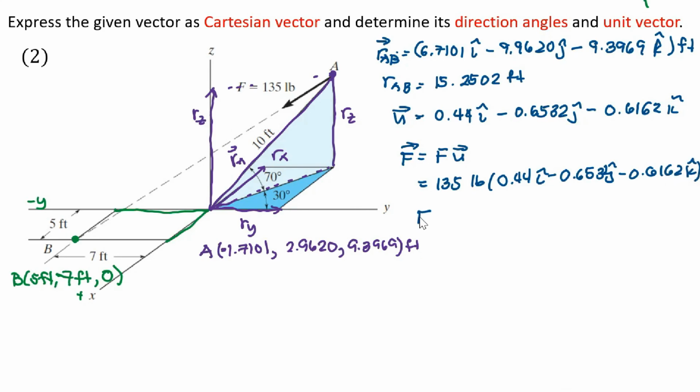The final answer for our force, we will have 2 decimals only here, so that will be 135 pounds times 0.44, which is 59.40 i hat, minus 135 times 0.6532 j hat, so negative 88.18 j hat, negative 0.6162, that is 83.19 k hat, and the unit is pounds.